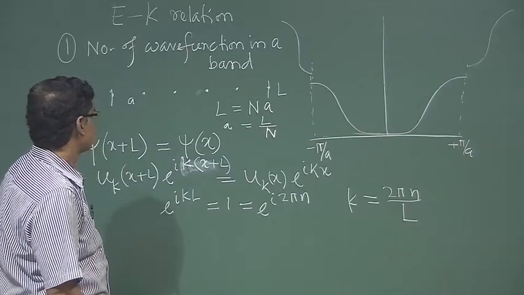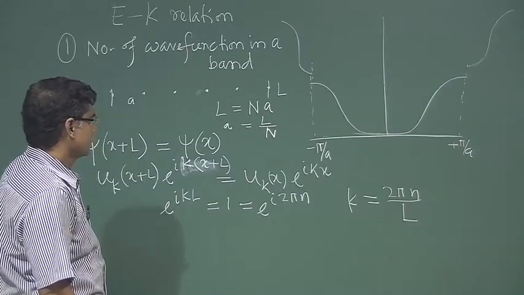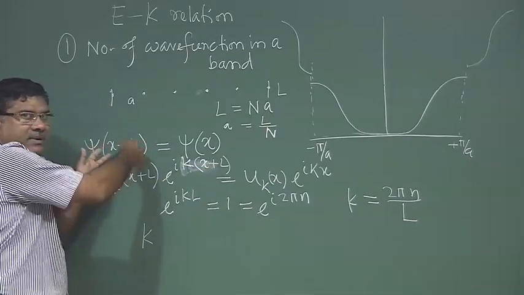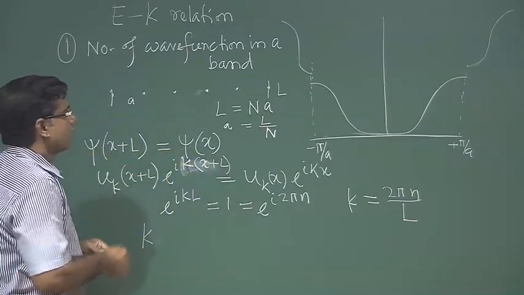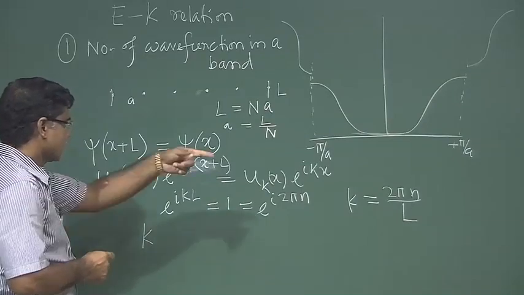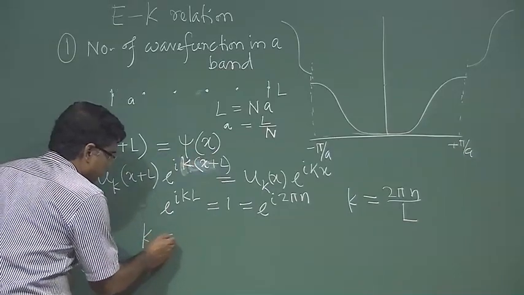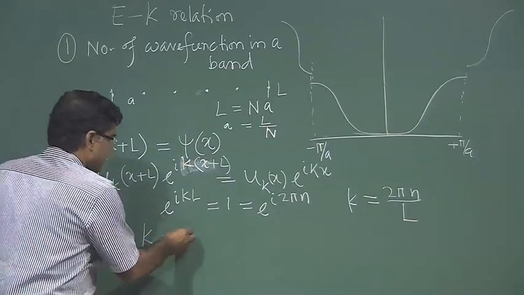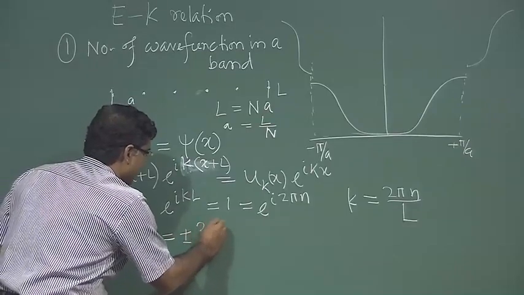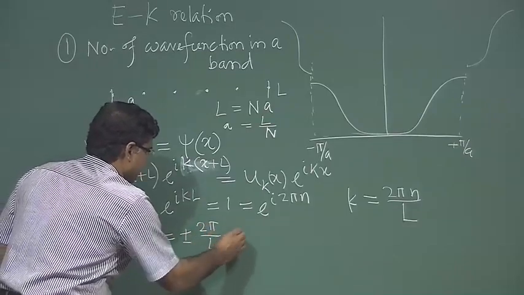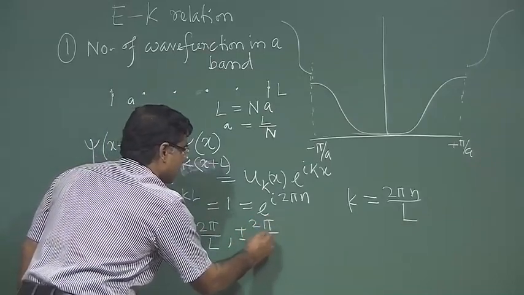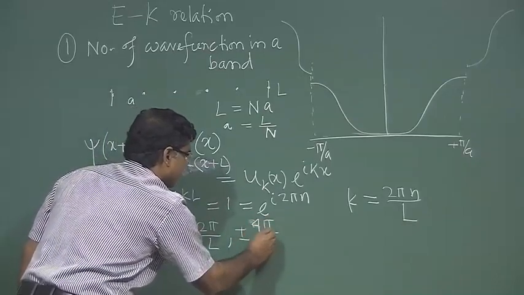So, for a wave function in a periodic potential, k can take values plus minus 2 pi by L, plus minus 4 pi by L, right.